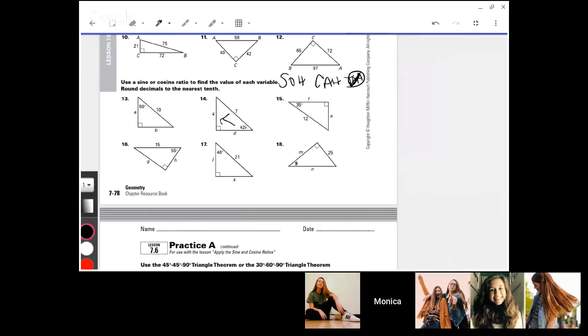So since the opposite side is C, we can say that the sine of 42 is equal to C over 7, right? And then we just solve that.